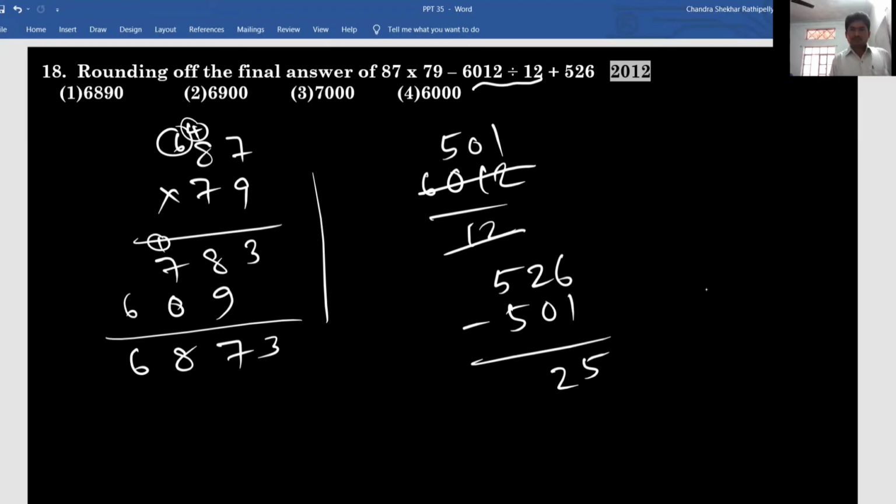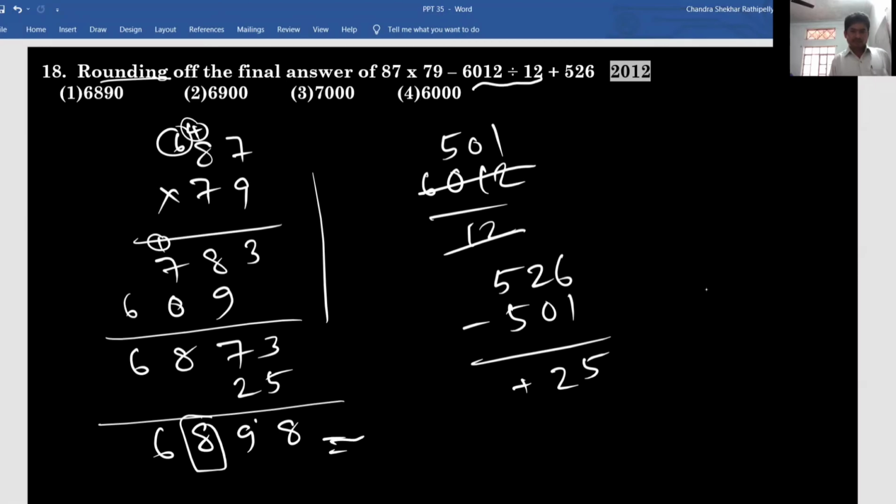This is a plus number, so we have to add 25. So 6898. We have to round this up. When we round it to hundreds, it is approximately 6900. So option 2.